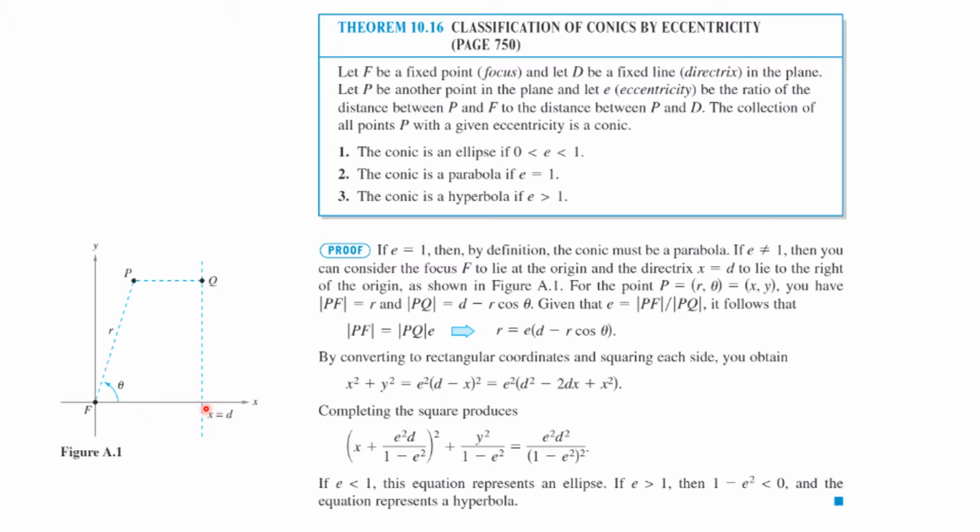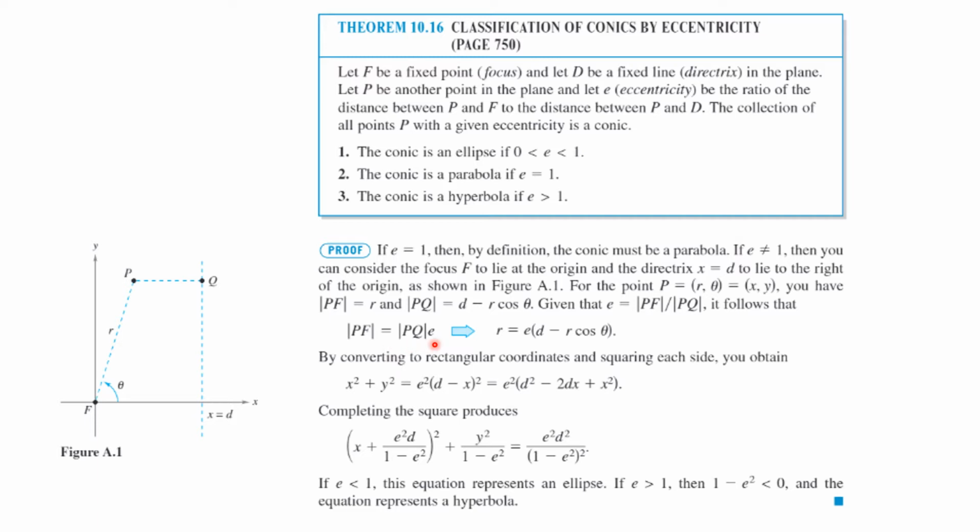So this is going to be d minus r cosine theta. And since we know that E is the ratio of this distance to this distance, I multiply both sides by the distance PQ. So the distance PF is equal to the distance PQ times E.